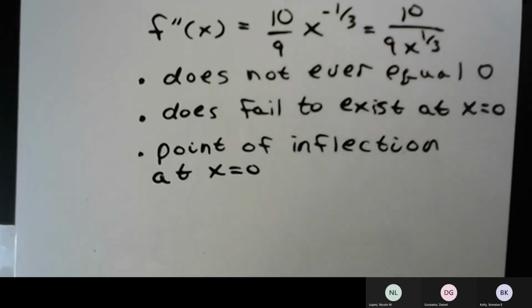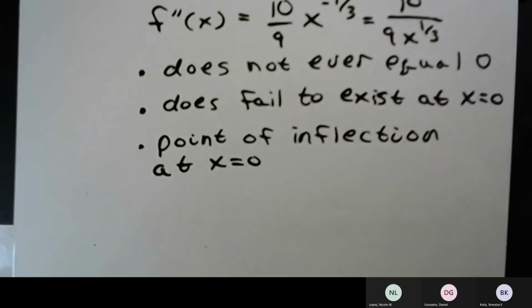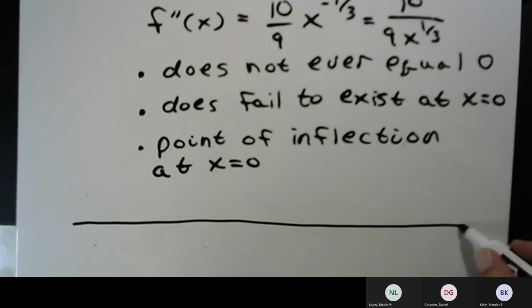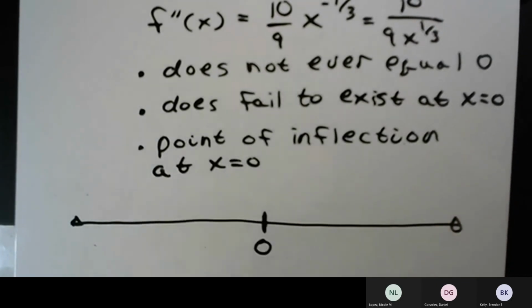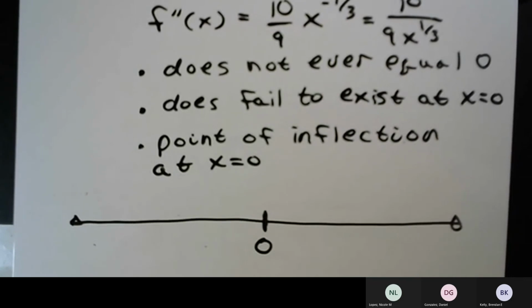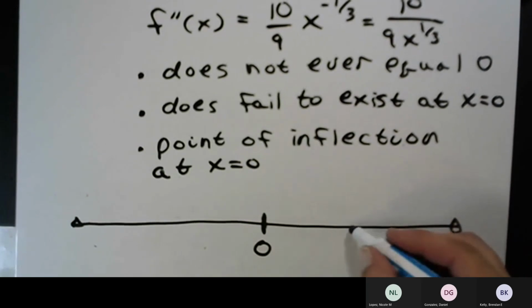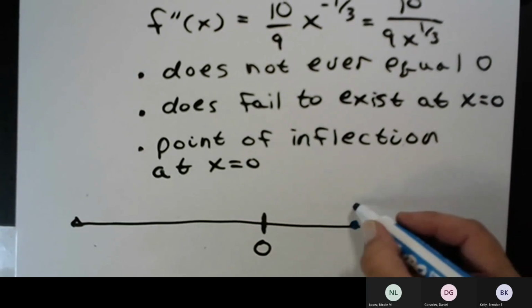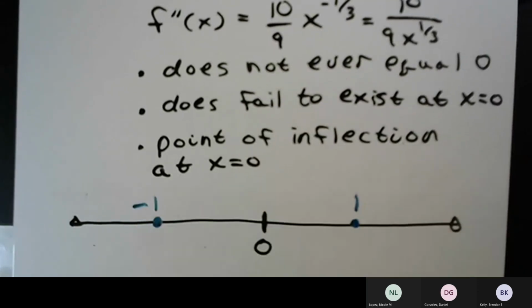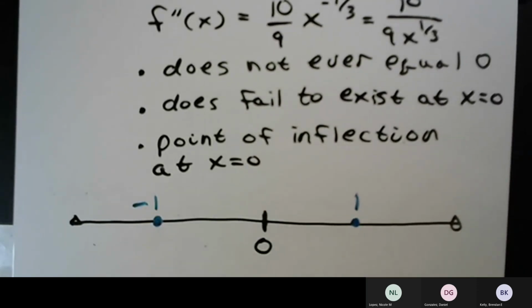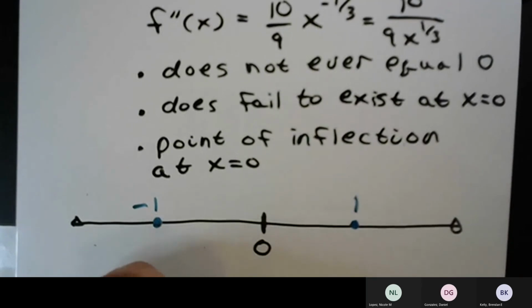So let's take a look at this. Let's do a graph. And just like with increasing and decreasing using the first derivative test, we're going to choose test points. And I say go with something kind of easy. Say 1 and -1. And we're going to look at what the second derivative is doing.